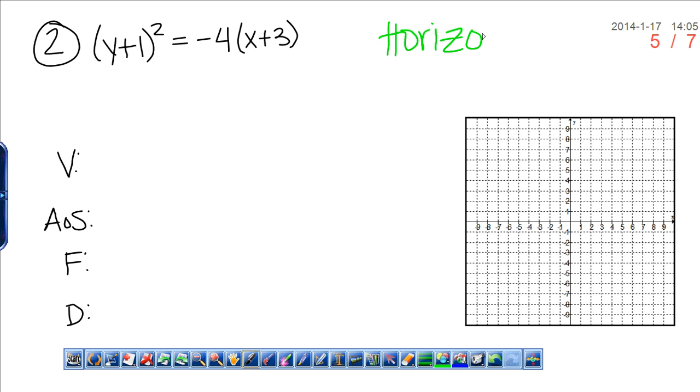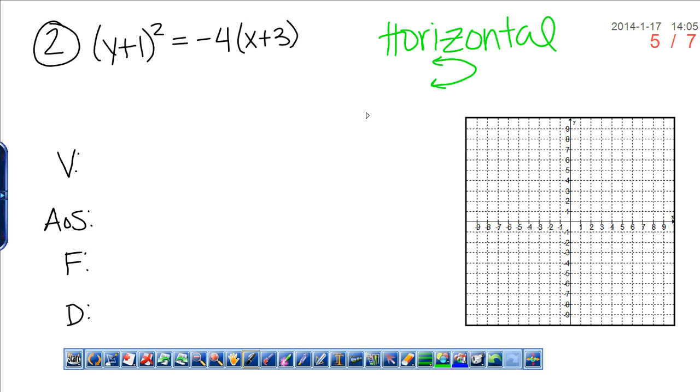Is it going to open positively or negatively? Negative, because this value is negative. So the negative horizontal direction would be to the left. I find drawing these little mini sketches really helpful because it lets me see which one's going to be horizontal, which one's going to be vertical.